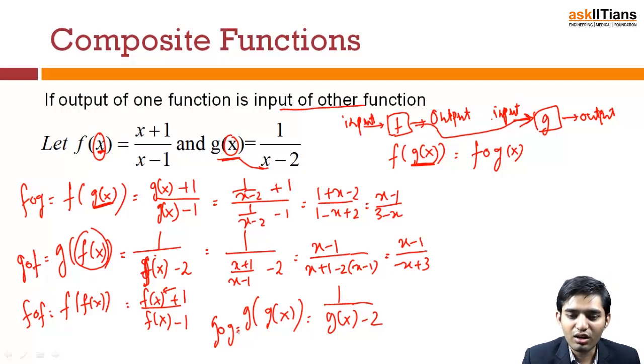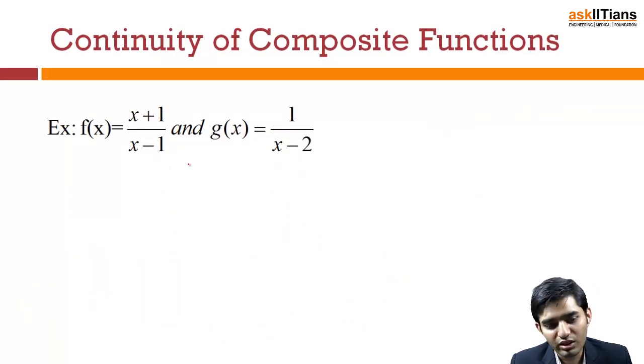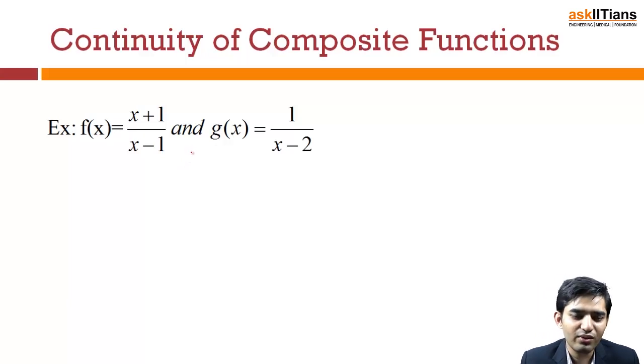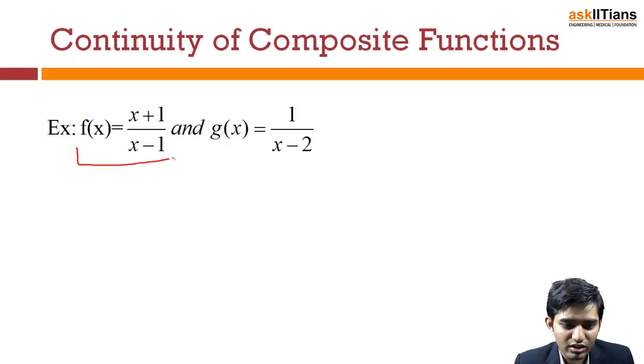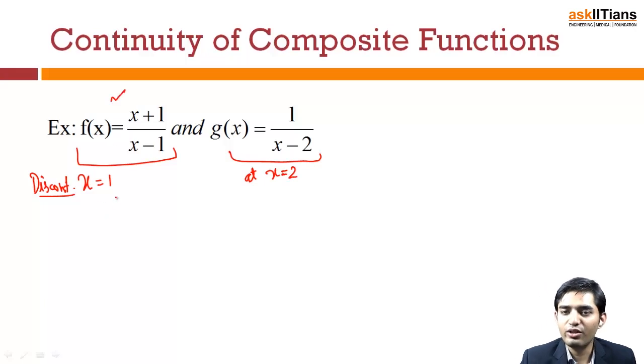Now let us try to talk about the continuity or the discontinuity of composite functions. What will be the continuity or the discontinuity of the composite functions? First of all, tell me whether this f(x) is continuous or not. This function f(x) is discontinuous at the critical point x equal to 1, where the denominator goes to 0.